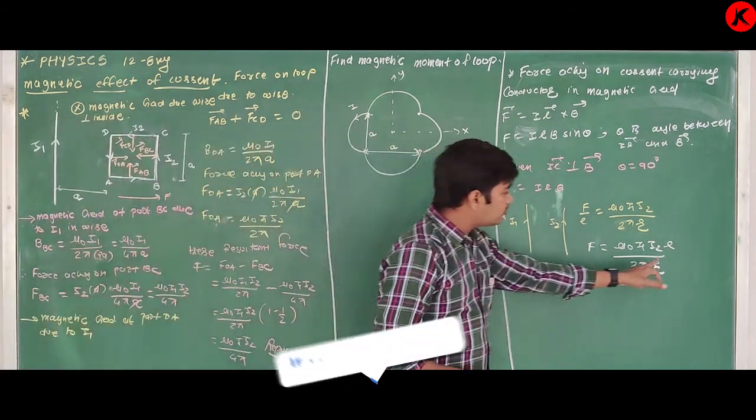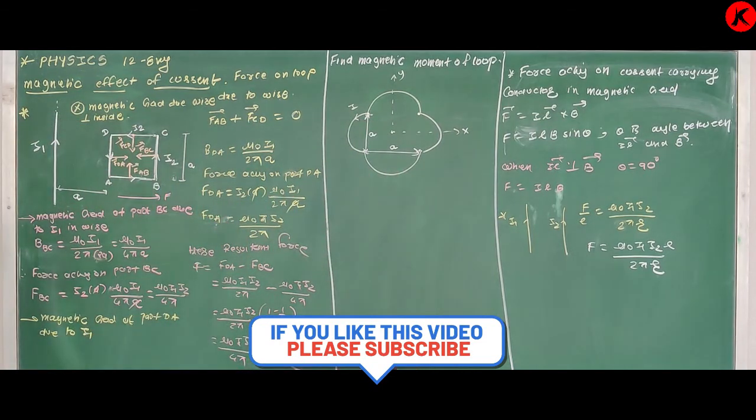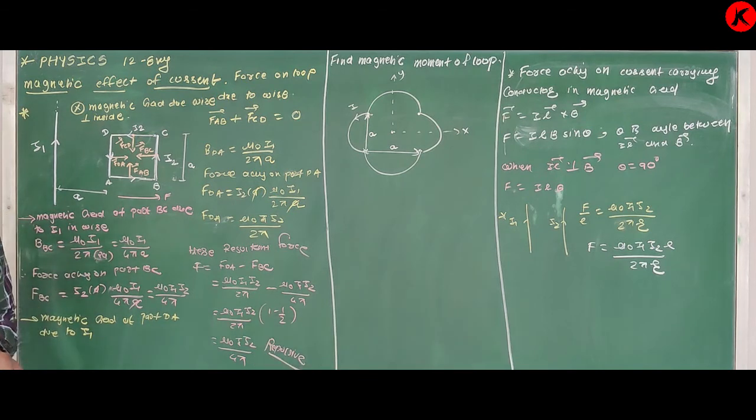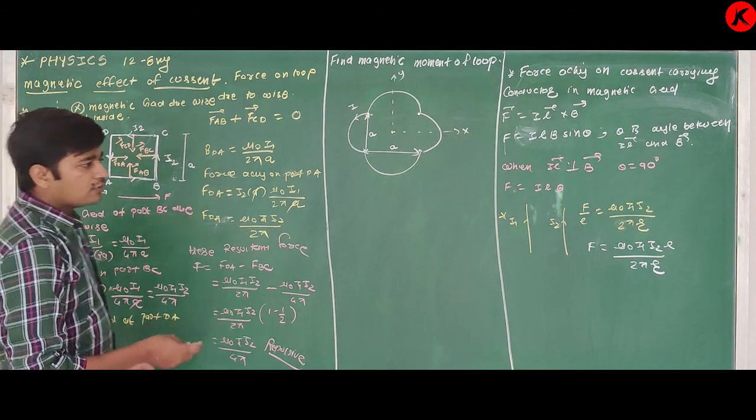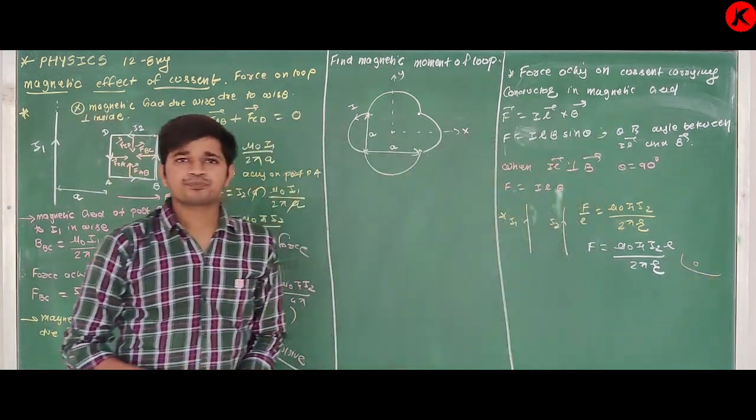So if you put L equal to a, then you will get mu 0 I1 I2 upon 2 pi. So that is also one method, a shortcut. But the question is why the force due to these two is 0. That is the explanation. Clear? Or with the help of this equation, you can find it easily.